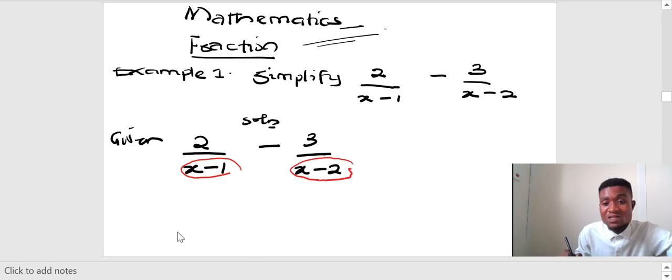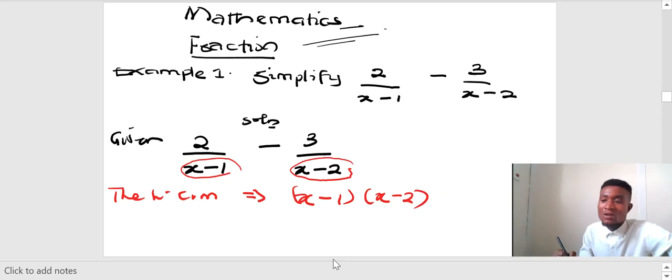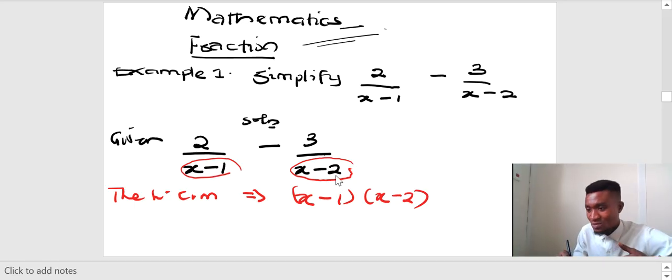Now you discover that the LCM is given to be what? x minus 1 and x minus 2. So you will first of all find the product of the first denominator and the second denominator.